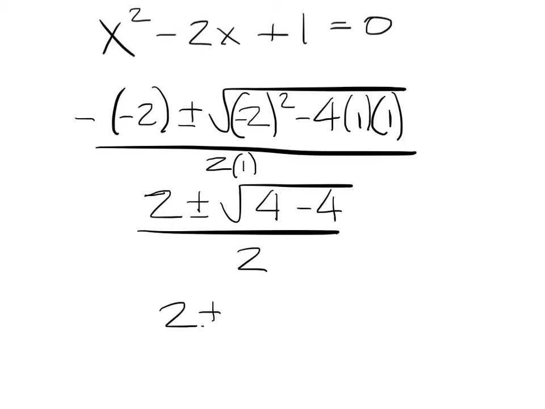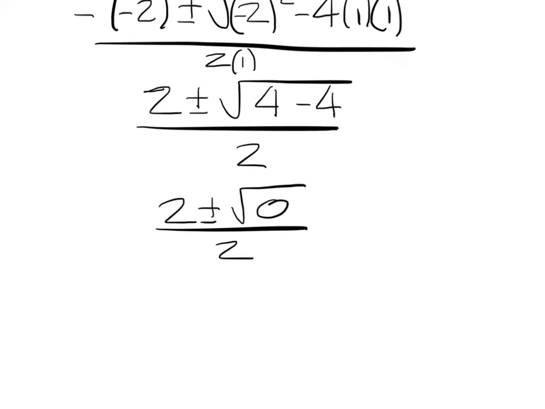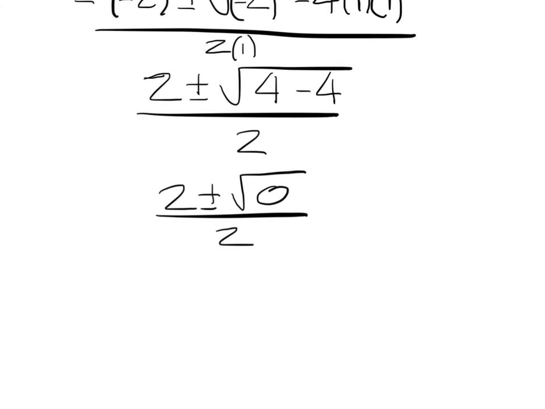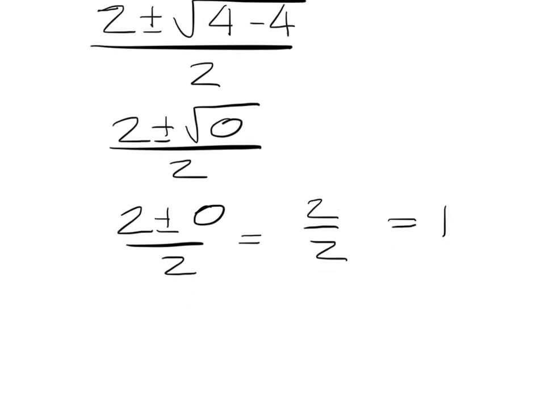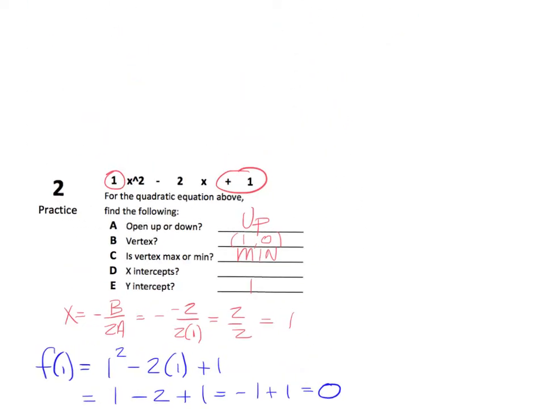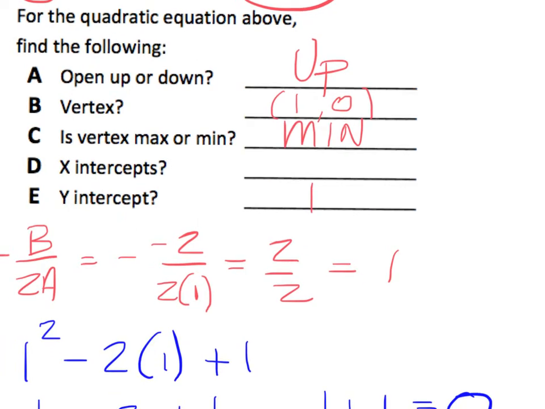So 2 plus or minus the square root of 0 over 2. And we come up with 2 plus or minus 0 over 2, which is just, whether you add 2 or subtract 2, you still just have 2. So you end up with simply a 1 on this one. So we'll come back up here and fill that in. Simply a 1.